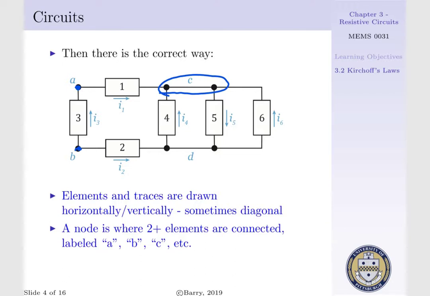We note that C can encompass more than one junction of our traces. Last but not least, node D connects elements 2, 4, 5, and 6.